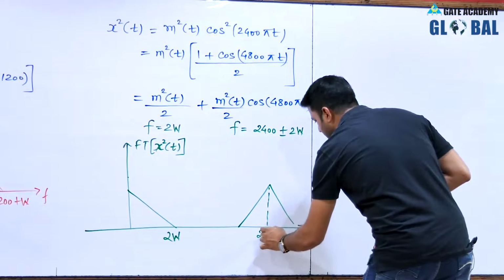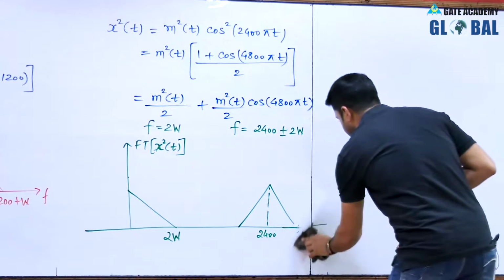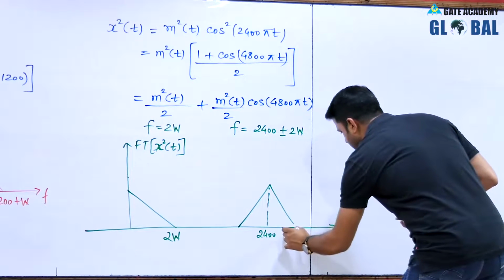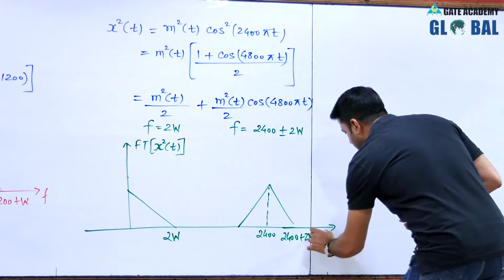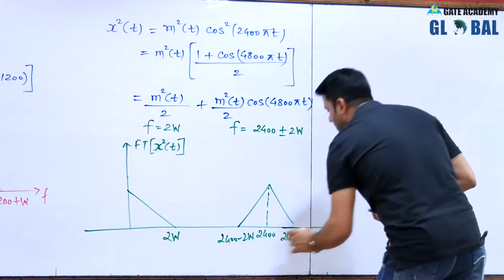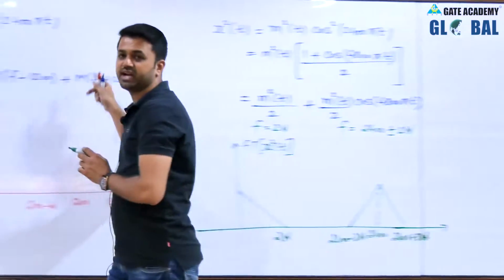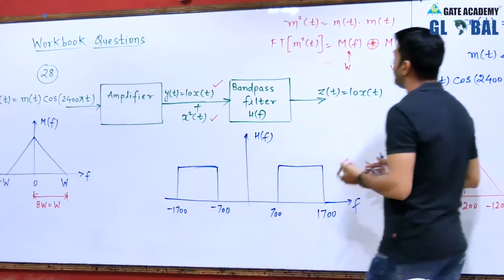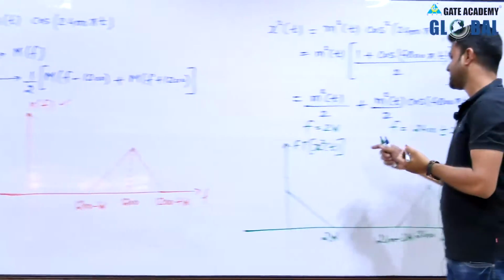So this is 2400, and this is 2400 plus 2W and 2400 minus 2W. So this is the spectrum of x square t. Now we have the spectrum of x of t, and this is the spectrum of x square t.